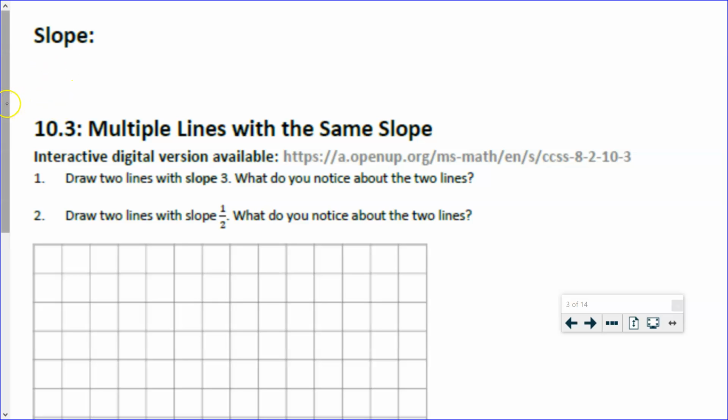Slope is, I want you to write this down. We're going to write kind of an abstracted meaning that doesn't make a whole lot of sense right now. But slope is the ratio of the vertical length, like our triangles, the vertical length of the triangle, to the horizontal length of our triangle.